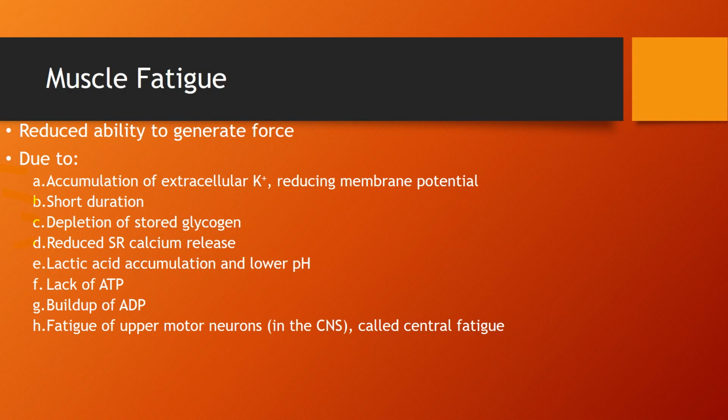Also, we have a decrease in the sarcoplasmic reticular release of calcium, and over time this will decrease as we exhaust those transport pumps and then utilize a lot of the ATP for the physical activity rather than for transporting the calcium back into the sarcoplasmic reticulum.